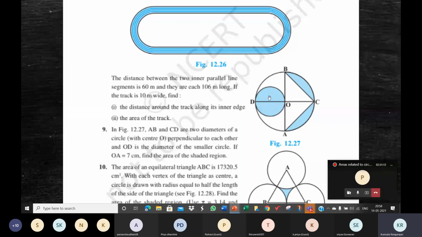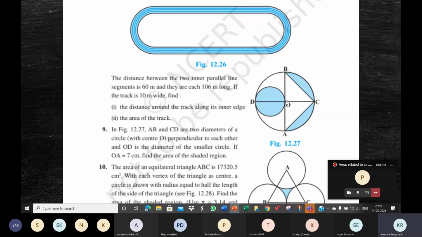What is the radius of this circle? 7/2, ma'am. We don't know where the center lies, meaning it's not marked, but we know its diameter is OD. And since OA is 7, OD is also 7.